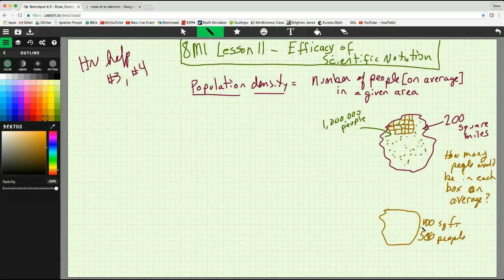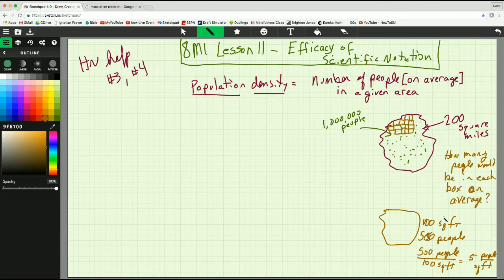Well, you'd have 500 people divided by 100 square feet, and you'd have 5 people per square foot.